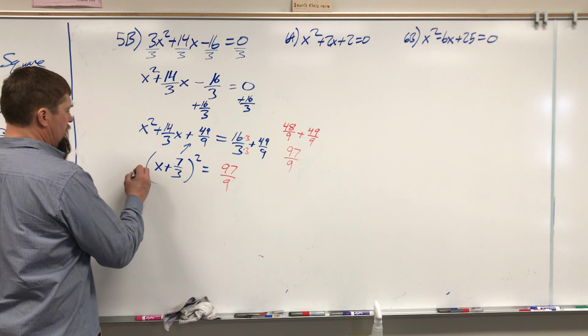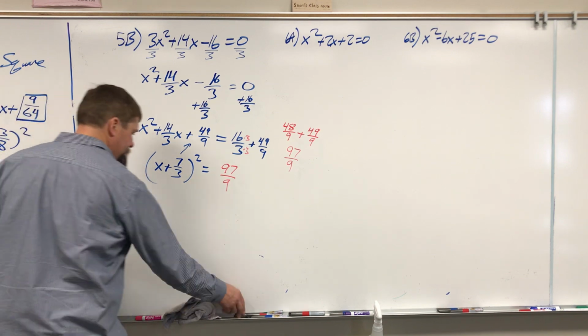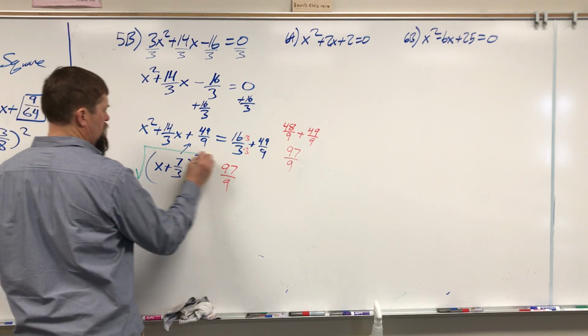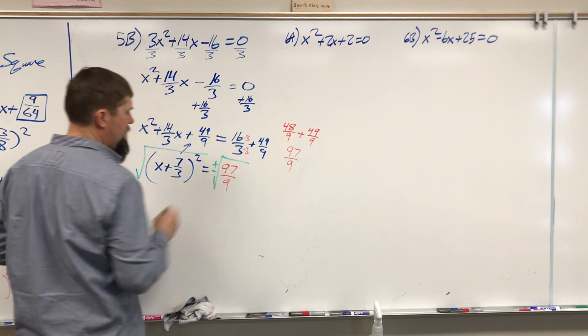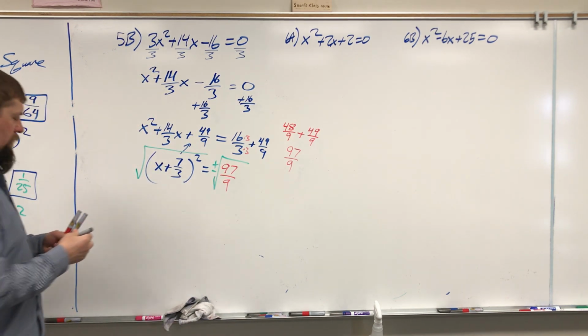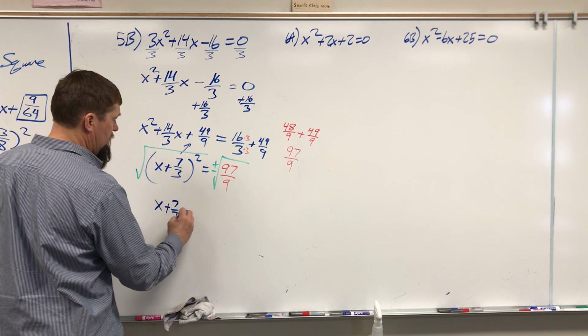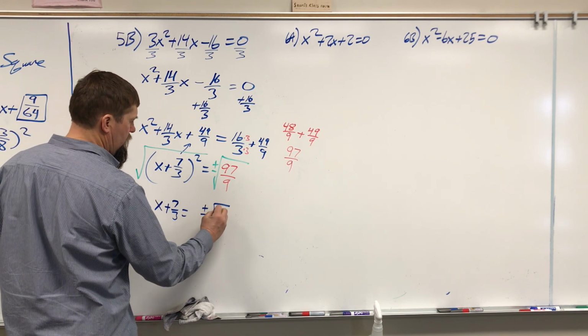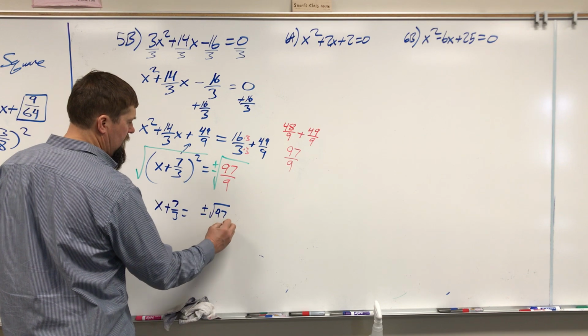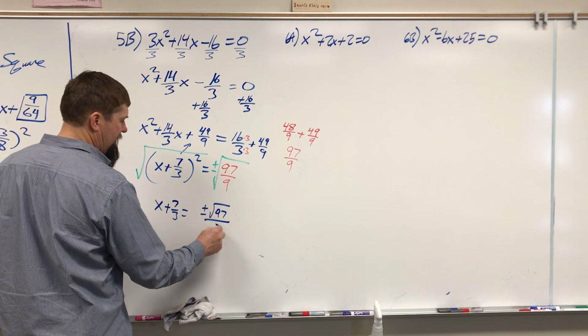Take the square root of both sides. Plus or minus. We end up with x plus 7 thirds equals plus or minus the square root of 97 over 3.